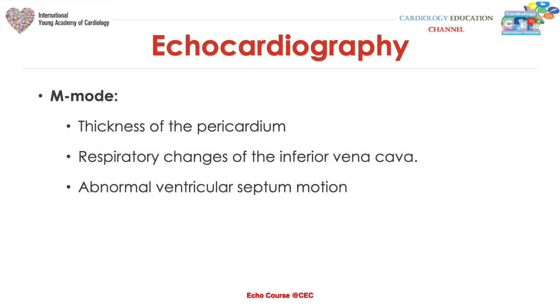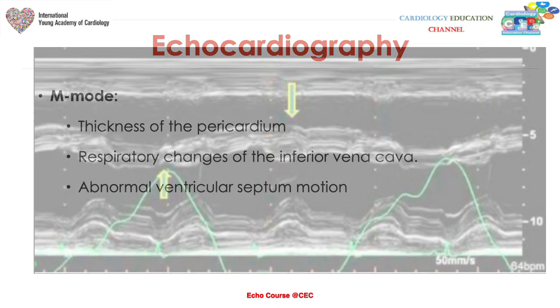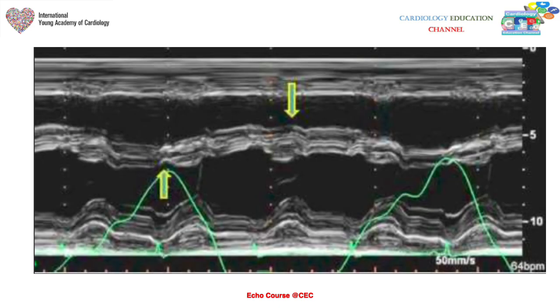M mode helps you define the thickness of the pericardium, detect the respiratory changes of the inferior vena cava, whether it is compressible or not, dilated or not, and also detect abnormal ventricular septal motion. As you can see from the image here, the posterior wall is rather flat, but the interventricular septum is moving up and down with respiration. So this is a classic septal bounce by M mode.